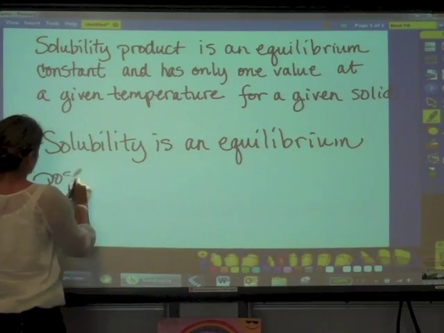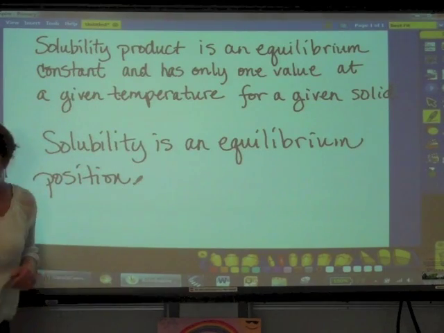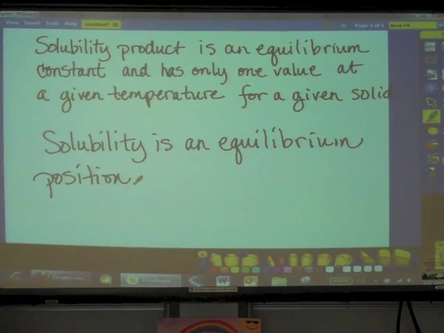So it's not as simple as saying, oh yes, it will dissolve, or no, it's insoluble. But that it is a spot on a continuum in terms of equilibrium.